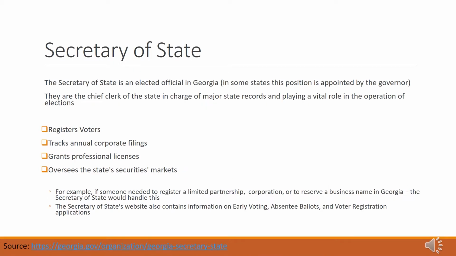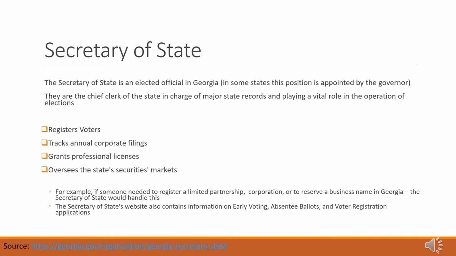Secretary of State. What does the state Secretary of State do? The Secretary of State is an elected official in Georgia. In some states, this position is appointed by the governor. They are the chief clerk of state, in charge of major state records and playing a vital part in the operation of elections. They register voters, track annual corporate filings, grant professional licenses, and oversee the state's securities markets.